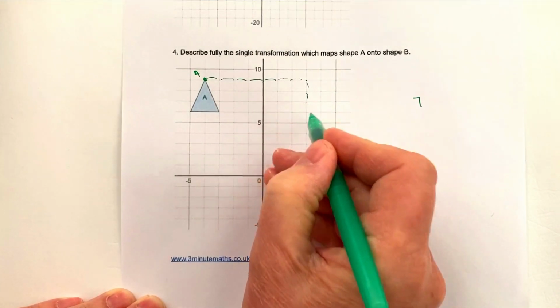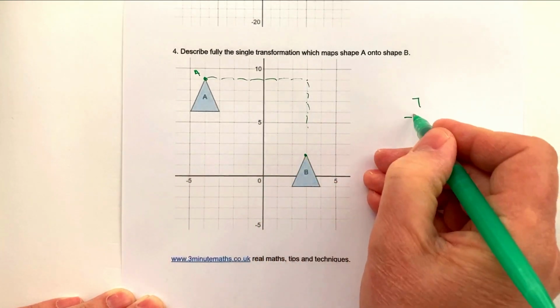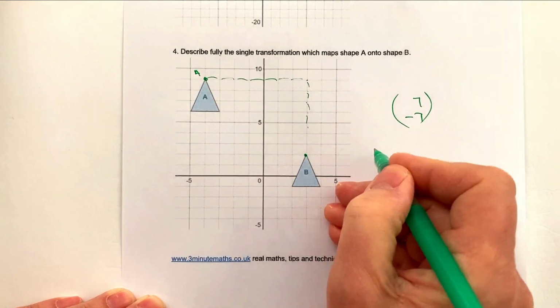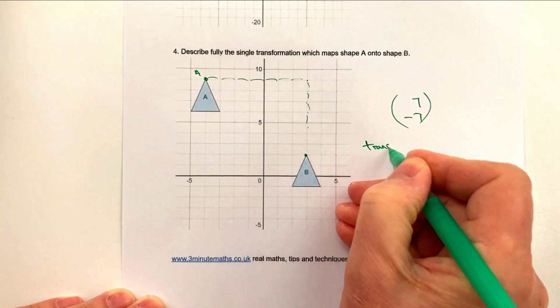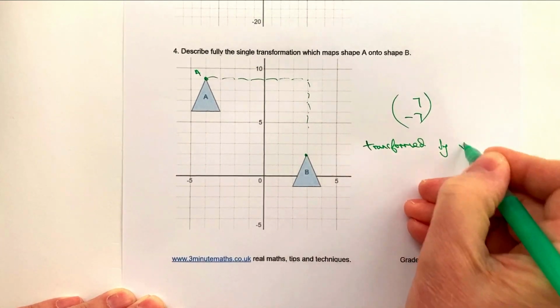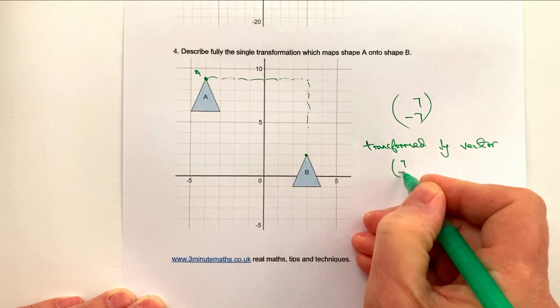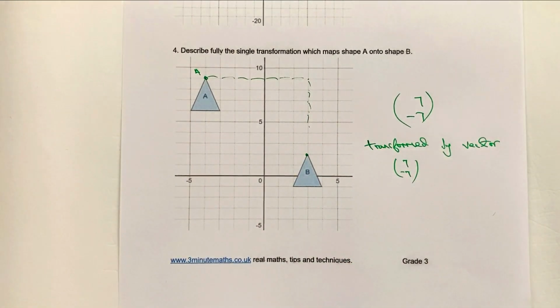So 1, 2, 3, 4, 5, 6, 7. Minus 7. So again, it's transformed by vector 7, minus 7, and that would be the answer to the question.